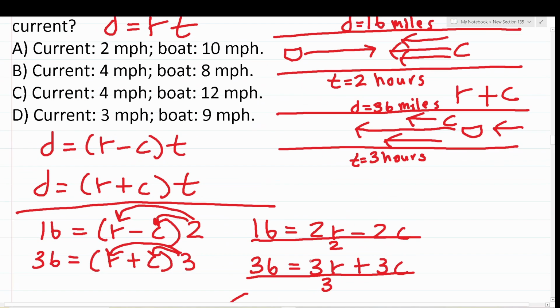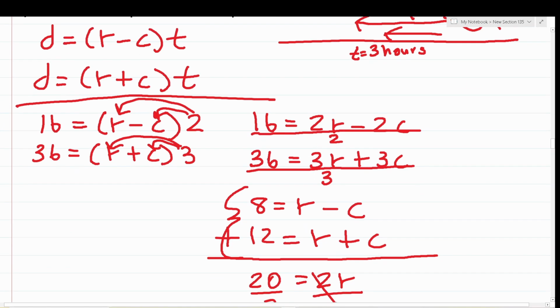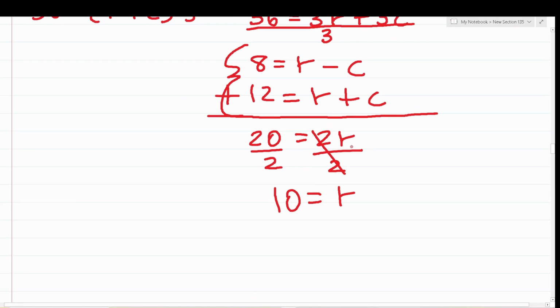Well, what is this r? This r refers to the rate of the boat in still water. Again, there's no c acting upon it, so we know that the boat goes 10 miles per hour in still water.